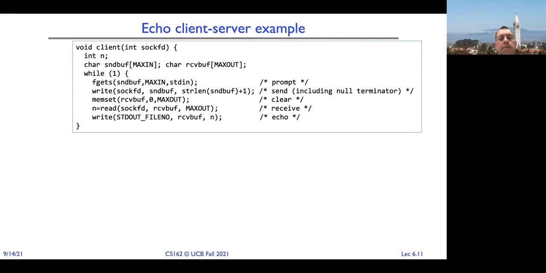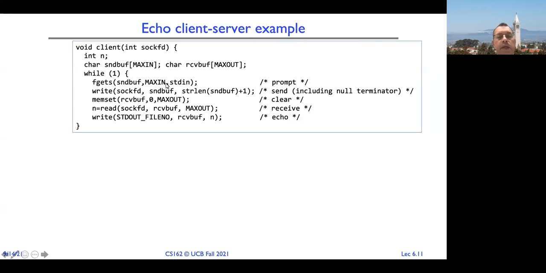Okay, so this is about, for the previous examples, how the code looks like. This is typically how the code looks like, and this is the client. You are in the while loop. You get some message typed by the user, and you send it to the server. The server sends it back, and you print it, right? This is what you do.